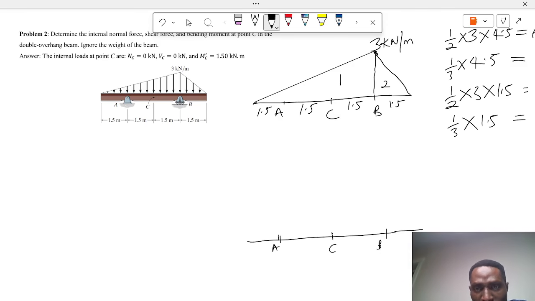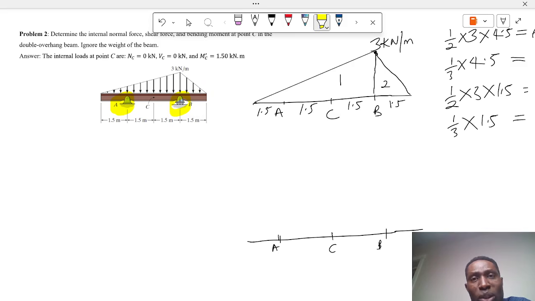So the first thing is to include the reactions. If you observe at this point A, we have a pin joint there. And for a pin joint, you have two reactions, which are the vertical reaction and the horizontal reaction. However, at point B, you have a roller joint.